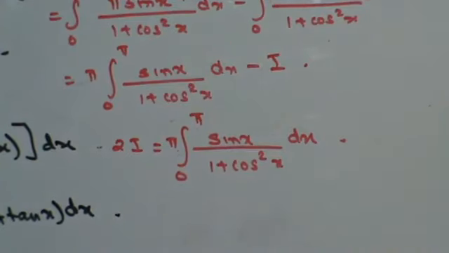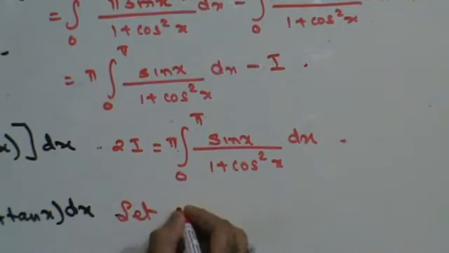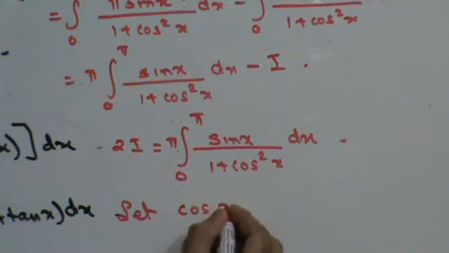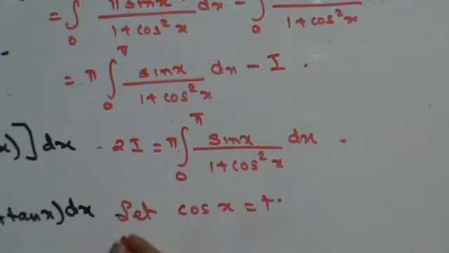Now let cos x be equal to t. Differentiate with respect to x. Minus sin x is dt by dx, in which case you will get dx is dt upon minus sin x.